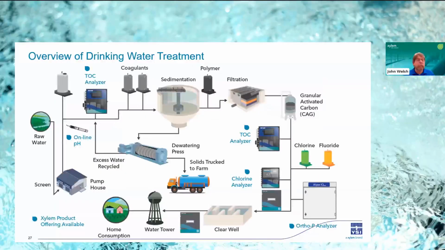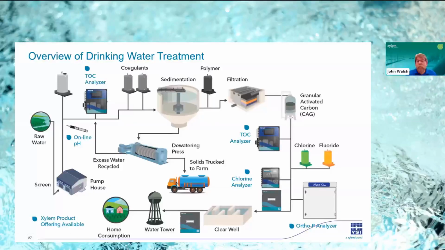So back to our schematic of a treatment system. I spoke about the TOC analyzers earlier being up in the front end. On the back side, where the water is going out of the plant, there are 2 possible best locations for an online THM analyzer.